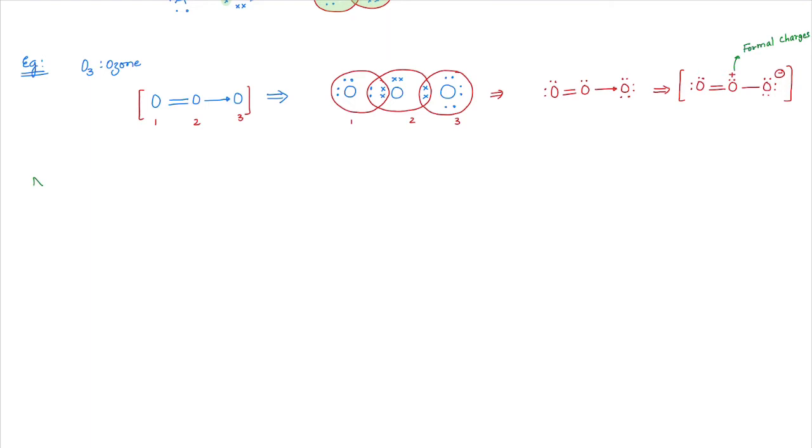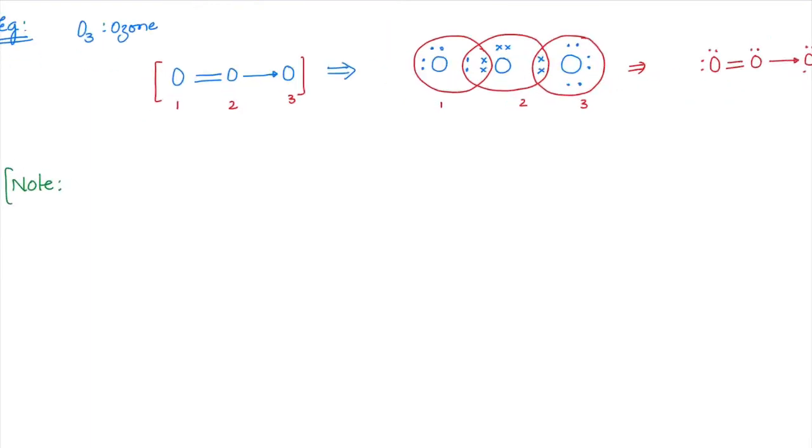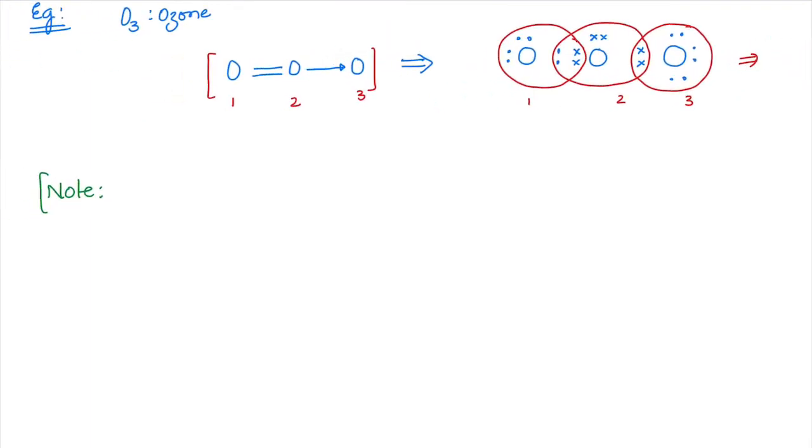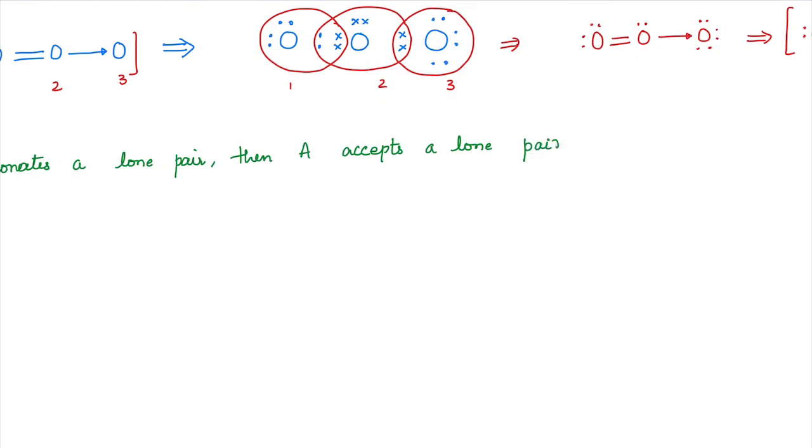So the important thing we need to note is that in a coordinate covalent bond, if B donates a lone pair, then A accepts the lone pair. So ultimately this is what is happening if B is donating it to A, correct?